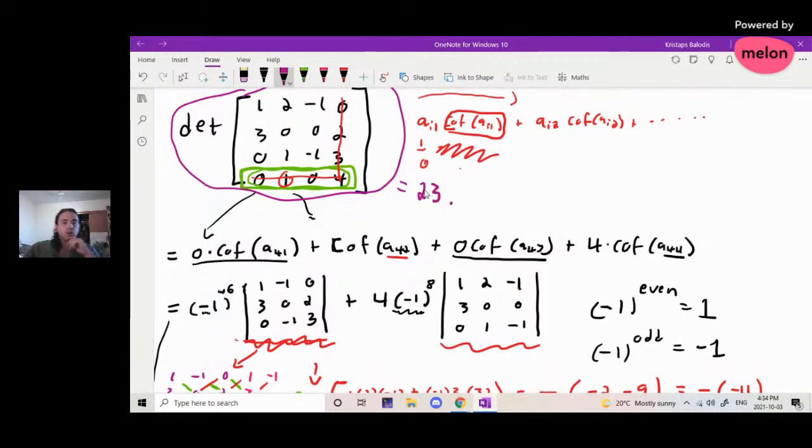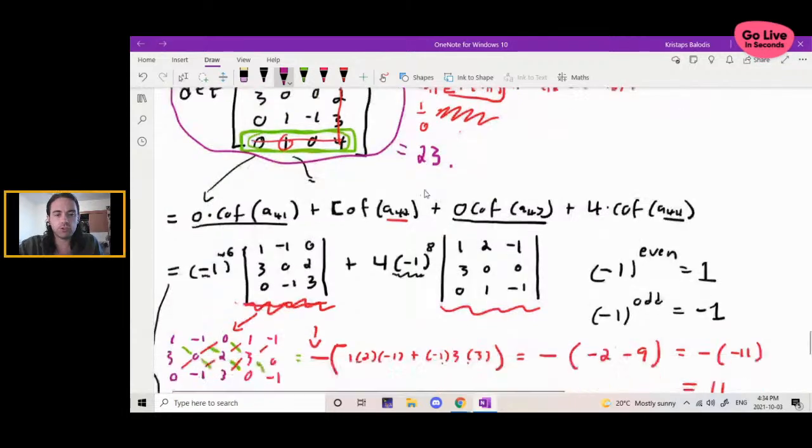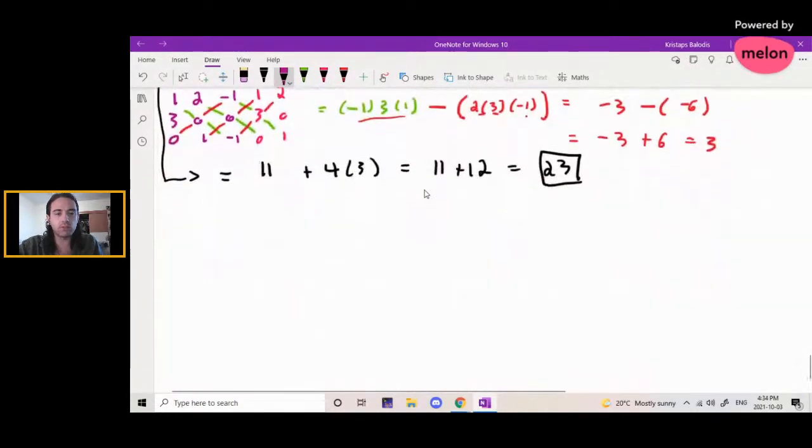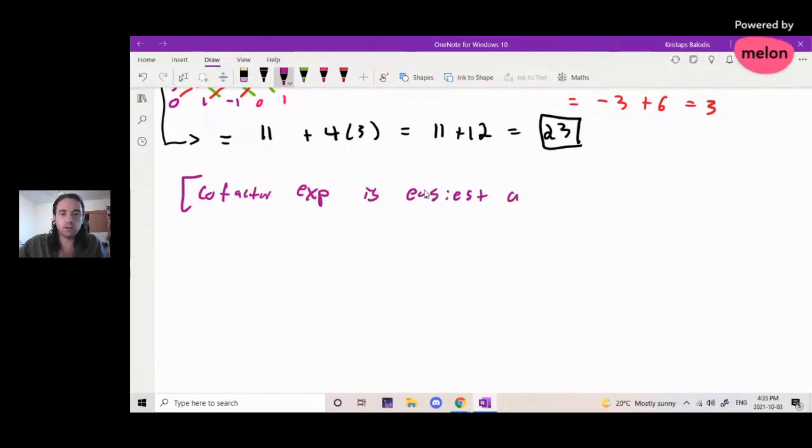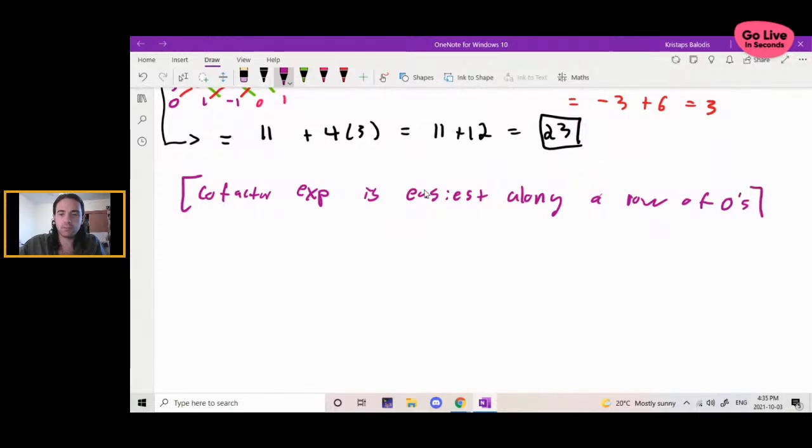Okay. Maybe I'll use this as an example because we'll see an even easier way, believe it or not, to determine its determinant. The main point of all of this is that cofactor expansion is easiest along a row of zeros.